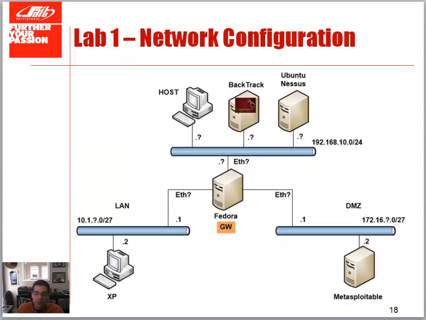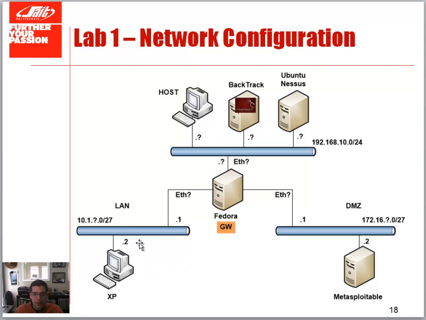So back to the lab. As I said, I want you to have your BackTrack on your real network, the same network as the host computer. Forget about Ubuntu Nessus. Fedora has to have a connection on your real network as well, plus the network isolated with the host-only option. Fedora has an interface connected to 10.1, choose one network, for example 10.1, and the mask is /27.